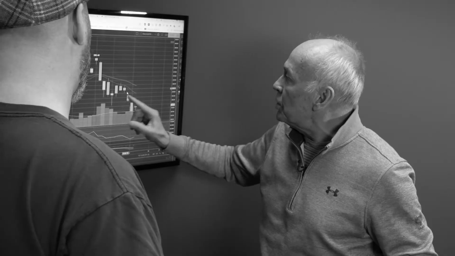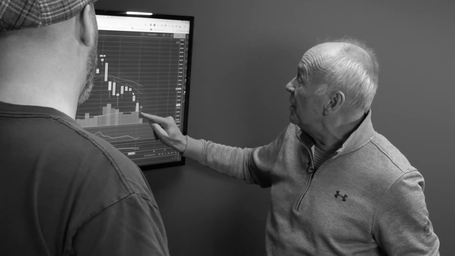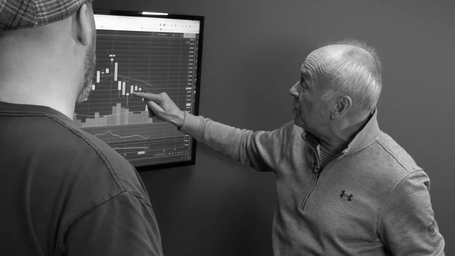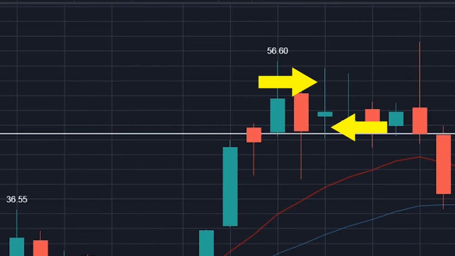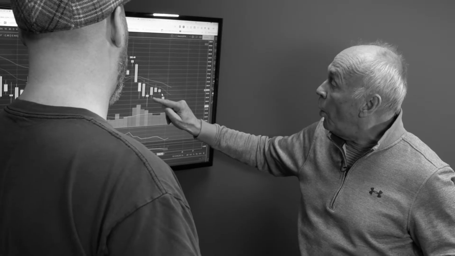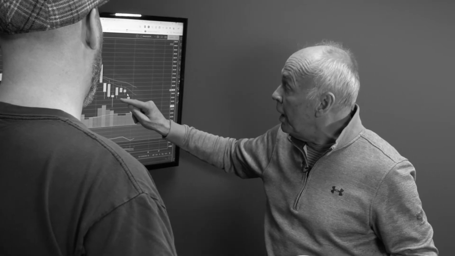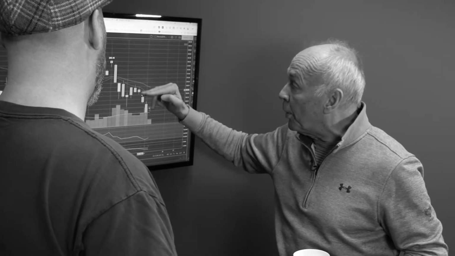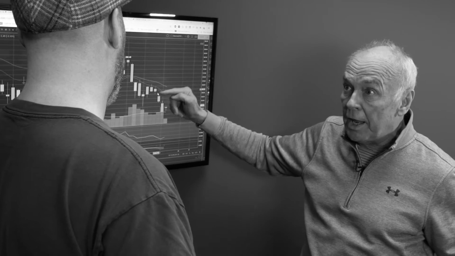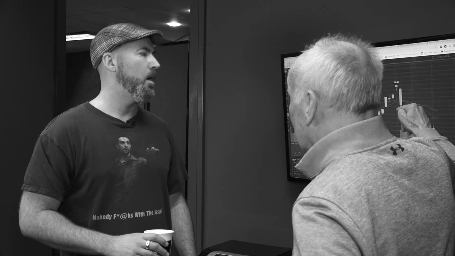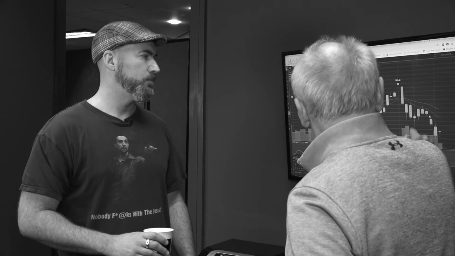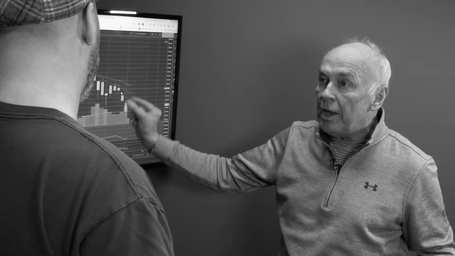Let's use this one here because it's got a tail and a wick. It opened here, which is the bottom of the candle part. It closed at the top of the candle part, but the high of the day was the top of the wick. And the tail is the low, and what you look for is you like big tails.